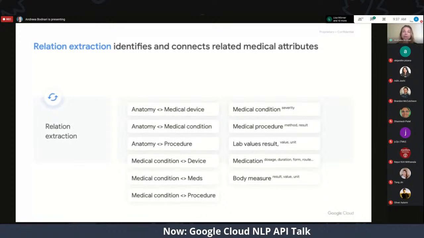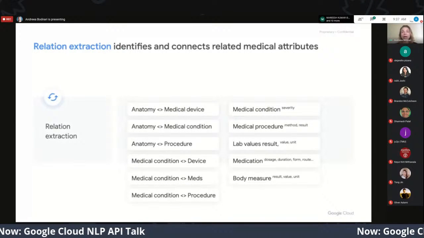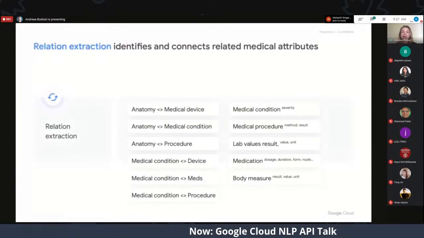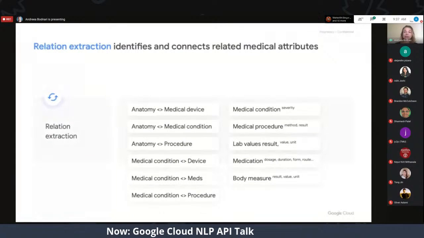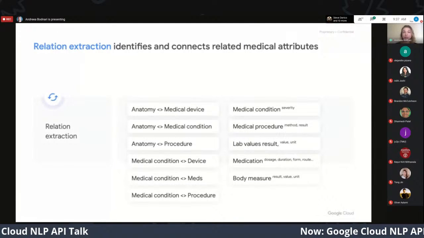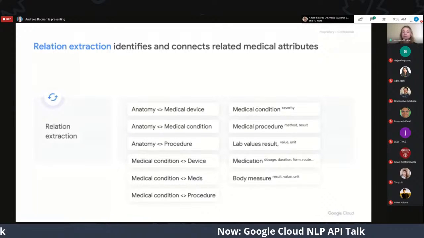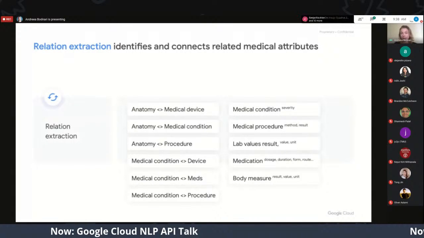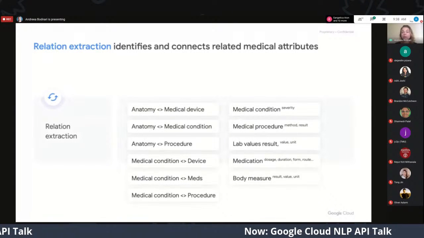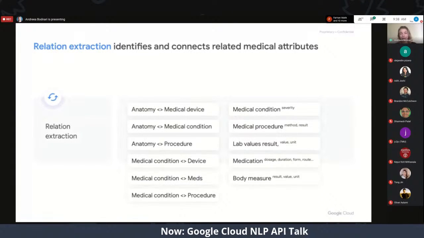And once these medical concepts are identified, the following module, the relation extraction module, identifies and connects related medical attributes. So if we identify a mention of a medication, the relation extraction module will scan the surrounding context to see if there is a mention of the dosage, the duration, the form, and route of administration of that specific medication.